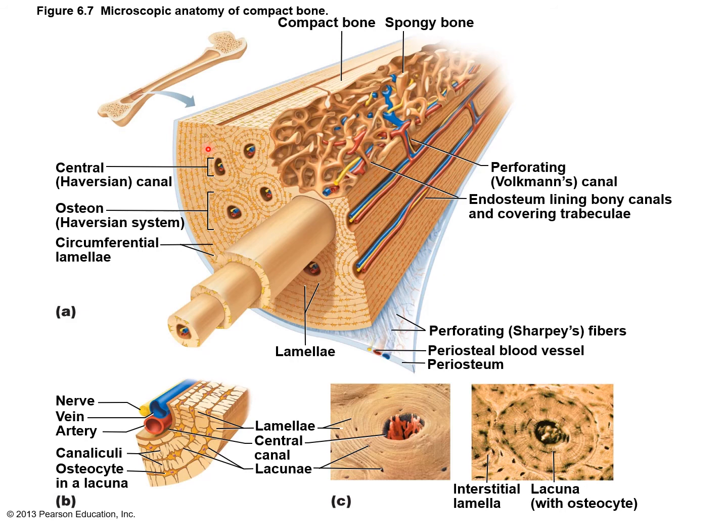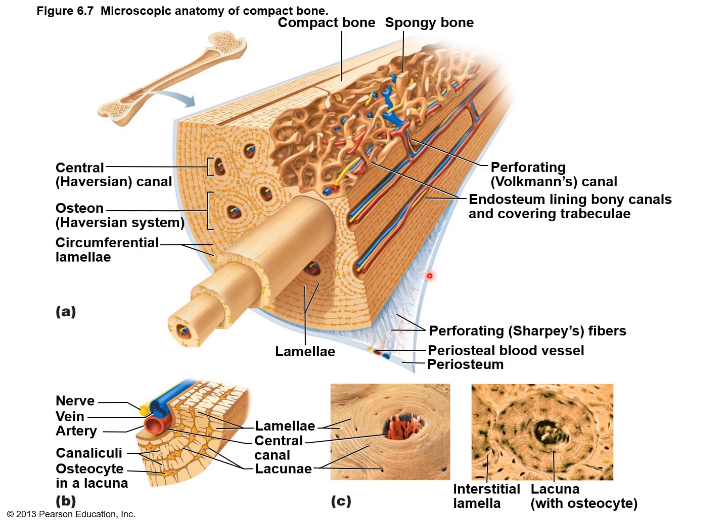So here is another view. Here's the bone, and you're kind of zooming in on the inside of the bone. You can see that near the edge you have the compact bone. The deeper you go into the bone, this is where you're going to have the spongy bone. We already talked about how the compact bone is surrounded by that connective tissue membrane known as the periosteum.